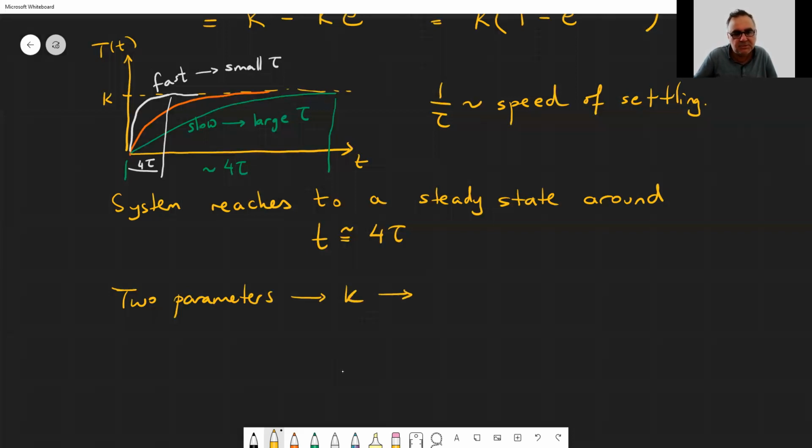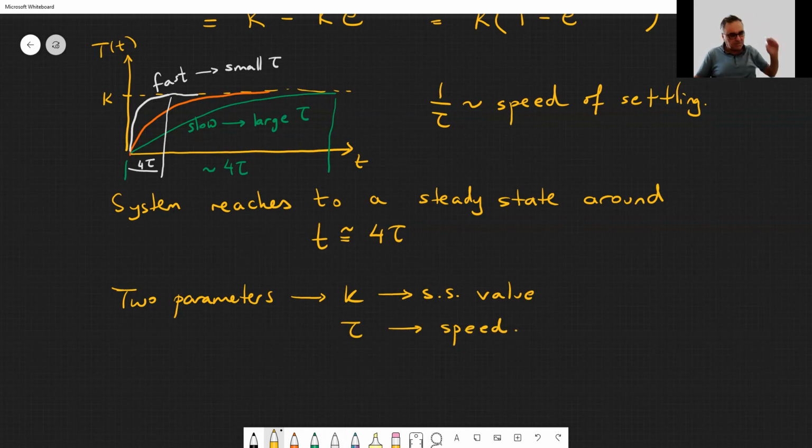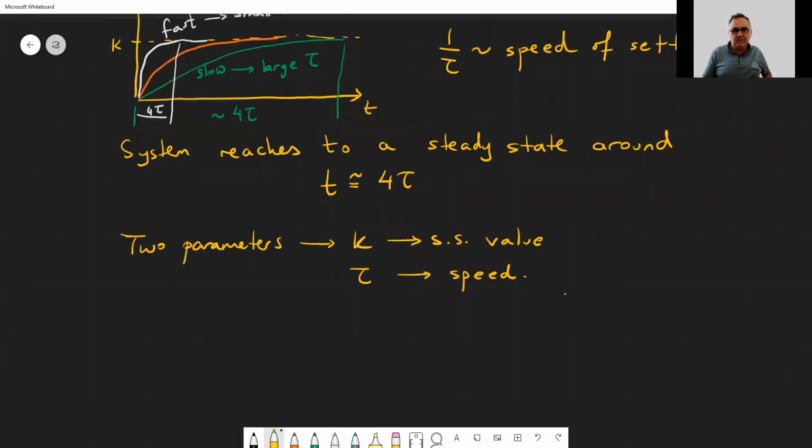K determines the steady state value, and the time constant determines the speed of the response. Okay. As you can see, these are the main things.